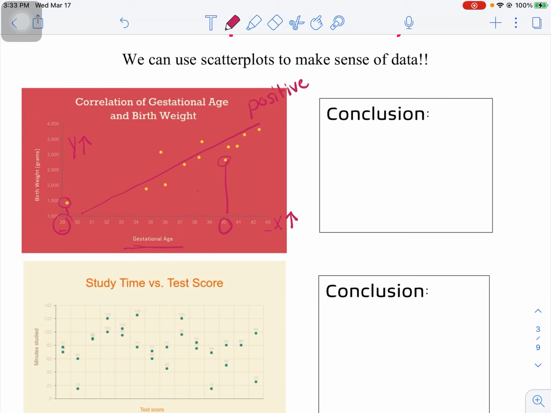All right, so this shows us a positive association, and the way we can think about this is the association of the scatterplot is positive. So we can say this scatterplot is, or shows, a positive association.